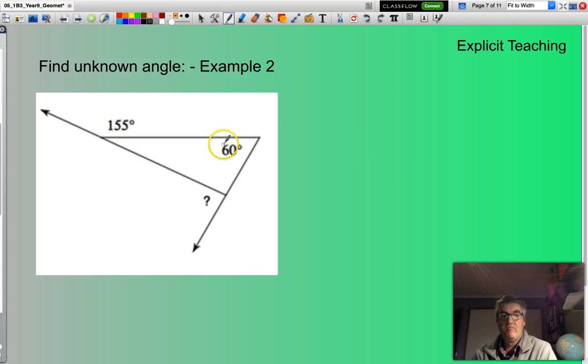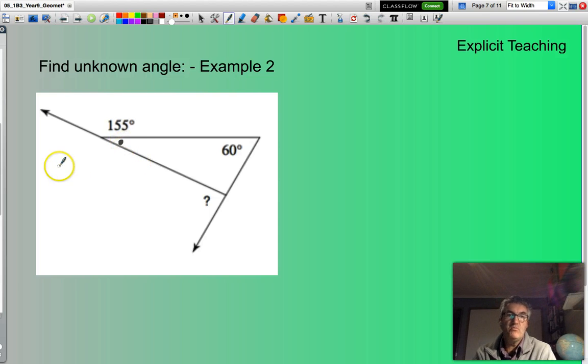This time, we need to work out this angle, and we are only given this angle here and this angle here. First thing I do, well, I want to work out this angle here. I know it's a supplementary angle because it's along a straight line. So the angles along a straight line are 180 degrees.